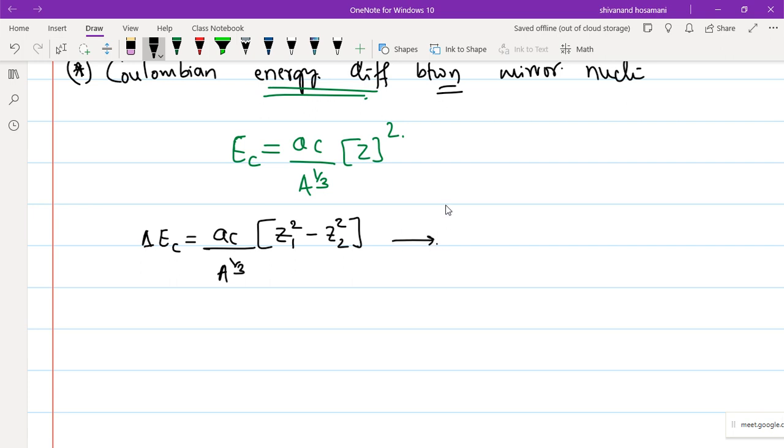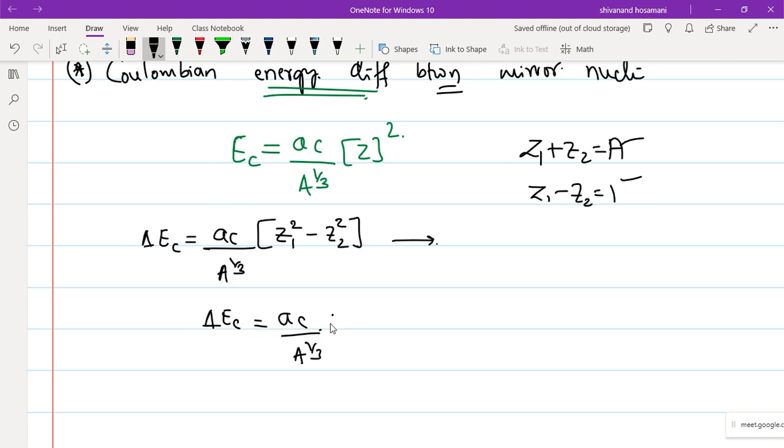Similarly, by replacing that part, Z1 plus Z2 is equal to A, Z1 minus Z2 is equal to 1. By taking these two values, you can rewrite the energy difference in the mirror nuclei: AC divided by A to the power of 1 by 3, into A into 1.